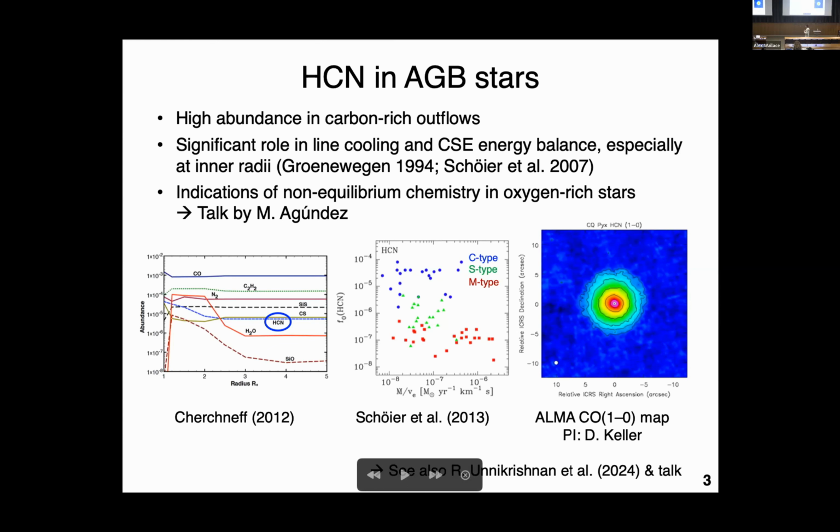As we will see later, it emits in multiple energy states, including the ground state and also excited vibrational states. This large spread of energy levels allows us to derive the physical properties through excitation analysis or radiative transfer modeling. HCN is important not only in carbon-rich stars, but also in oxygen-rich stars. It's an indication of non-equilibrium processes.